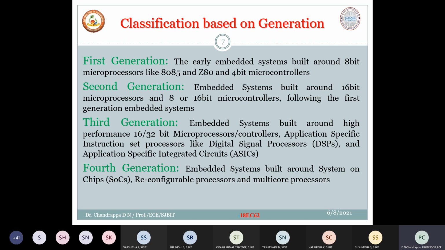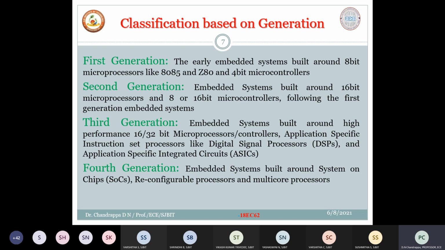During this first generation, they considered 8-bit microprocessors along with 4-bit microcontrollers. The 4004 was introduced during the first generation, which is a 4-bit microcontroller.